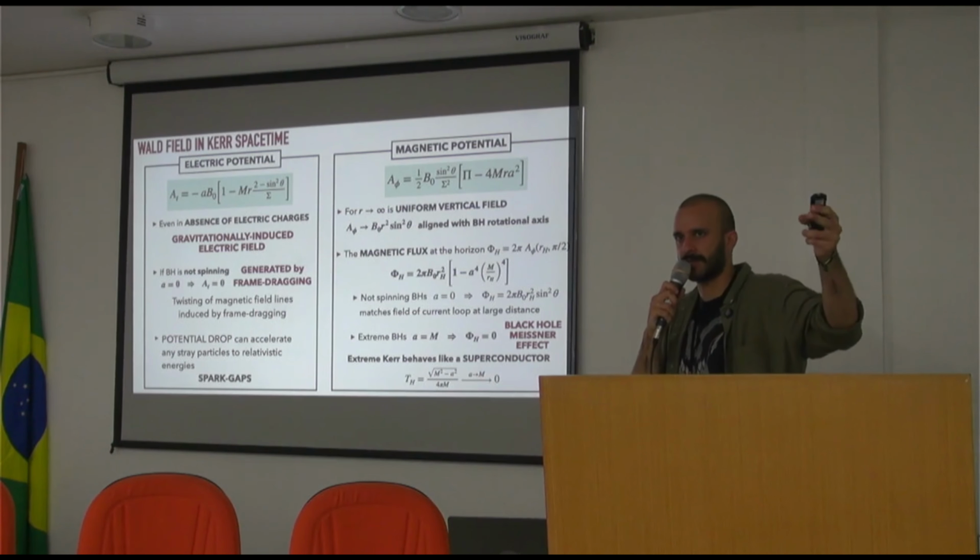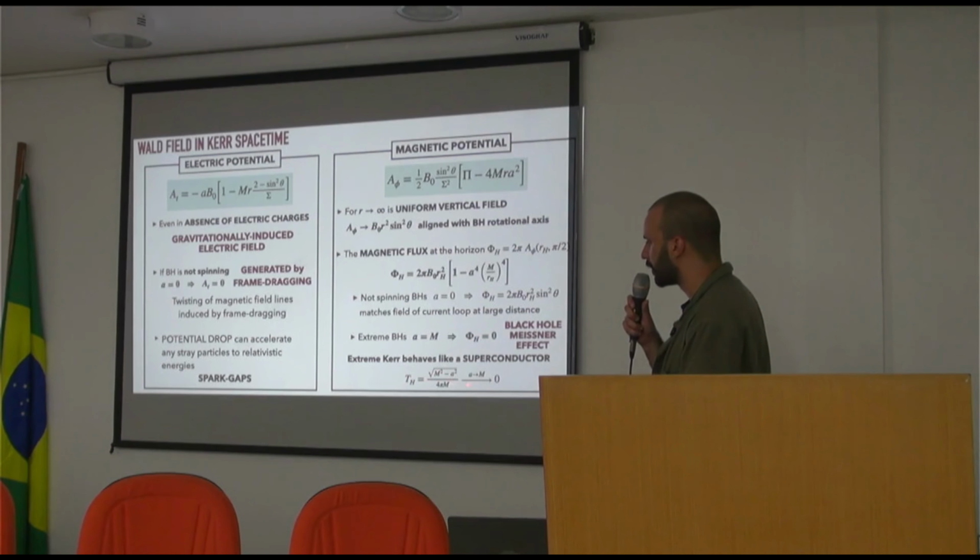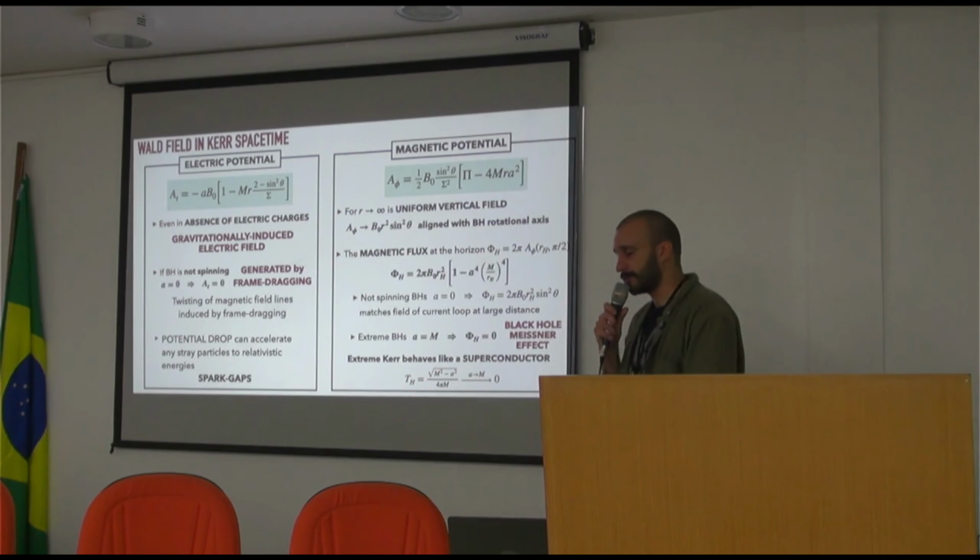And the analogy is even more fitting if we think about the Hawking temperature of an extreme Kerr black hole, because when we push the spin of the black hole towards its extremal bound, the Hawking temperature tends to zero. And you have to remember that superconductors work at low temperature. So it seems like, in a sense, that spinning black holes behave like superconductors.